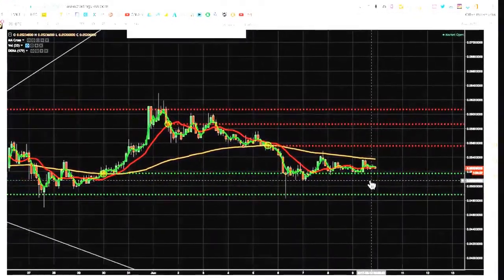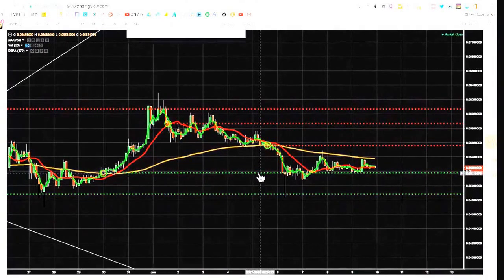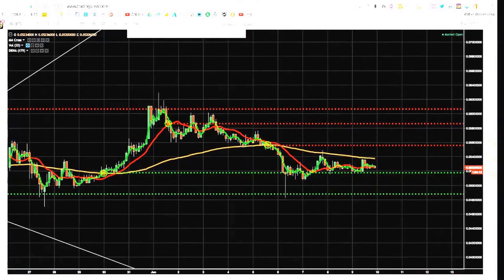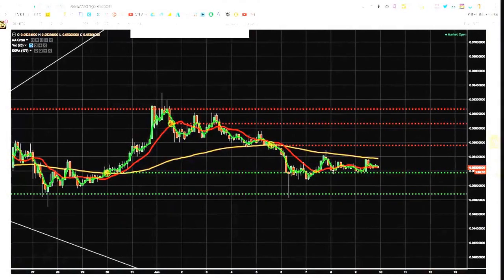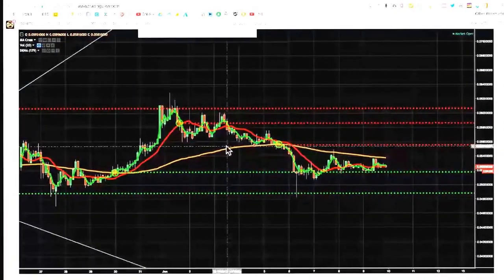We're literally at the bottom of a short-term support line. So what does that mean? That means that as it stands, Dash doesn't even know what it wants to do. But the area of the chart we find ourselves in is not a very good area.